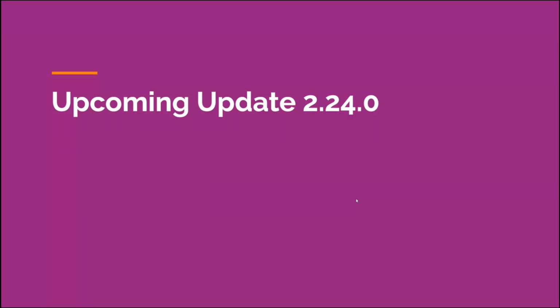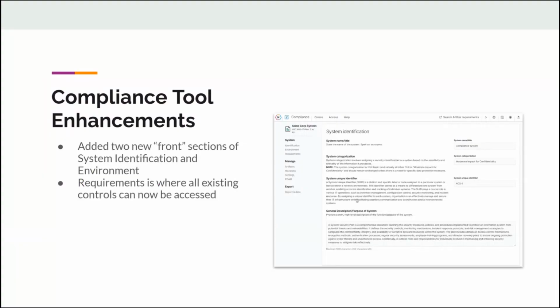So for 2.2.4, I have a couple slides that I'm going to go over, but I want to pull up the current iteration of the update just to get everyone's eyes on it, so you can see what to expect as the update is coming out. So two key pieces under the system section of the compliance tool, the policy tool in NeQter.